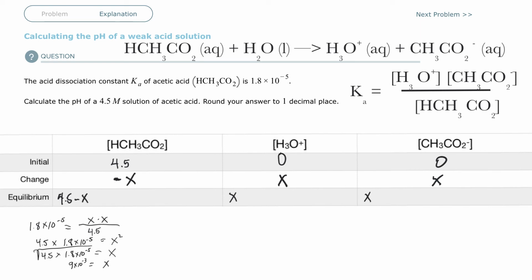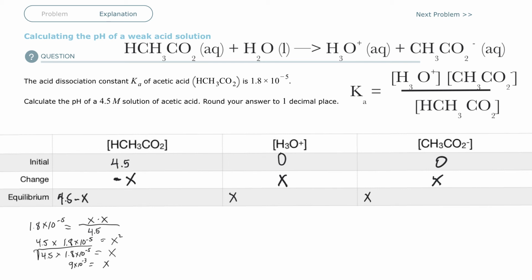Okay, all right, so far so good. Now I know what X is. And X, remember, is the concentration. X is the concentration of the hydronium ion, 9 times 10 to the -3.